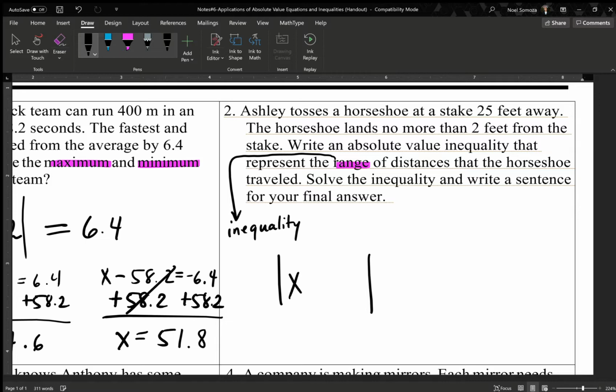My x value, what should my x represent in this case? What is it that they're asking us to look for? It's kind of highlighted. Range of distances in what? Feet? Okay, so range of distances in feet.